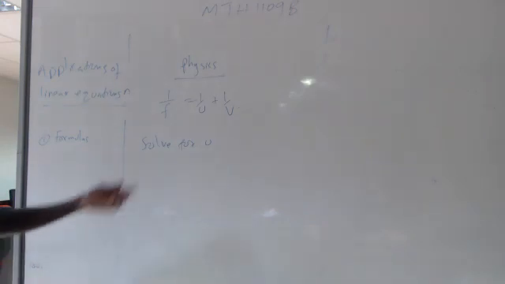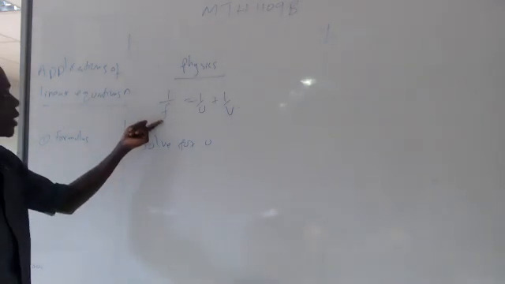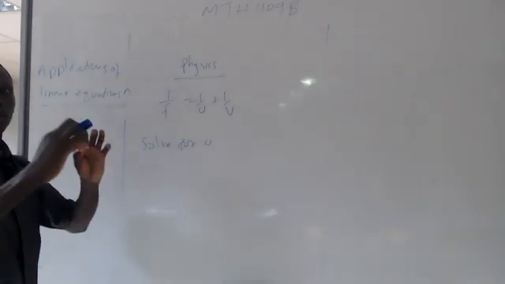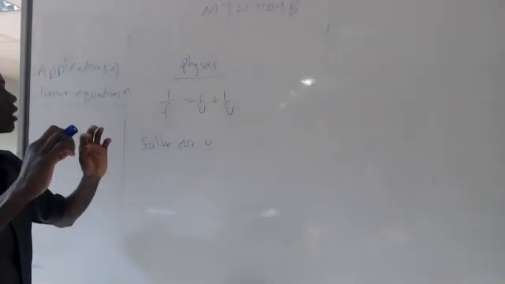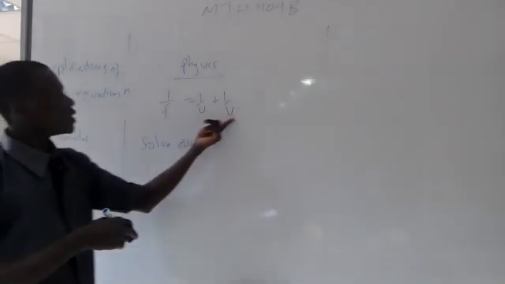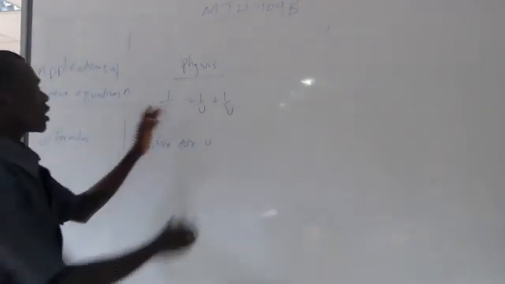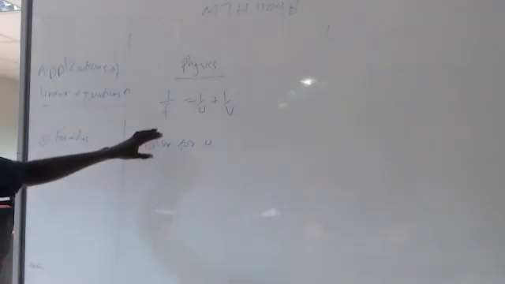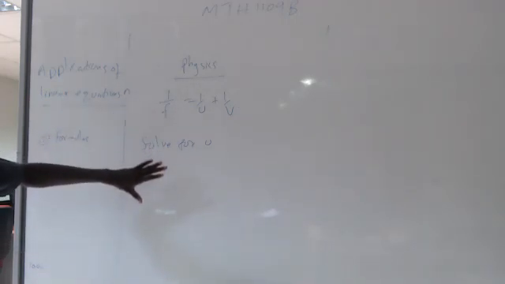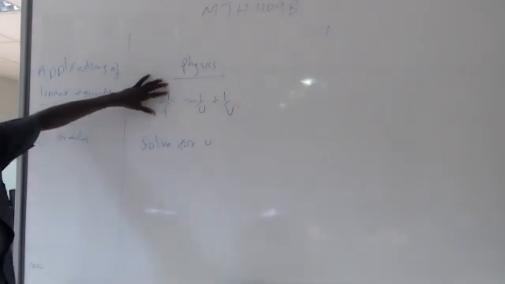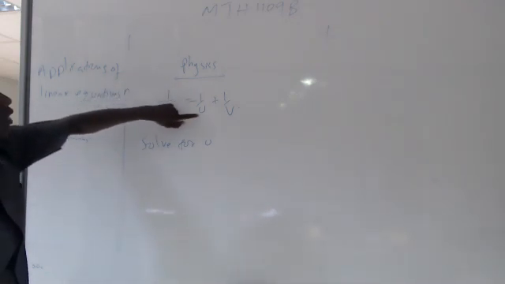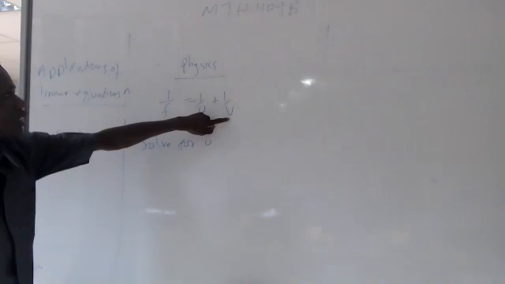In this equation, f is the focal length of a mirror, u is the distance of the object from the mirror, and v is the distance of the image on the other side of the mirror. So these are actually distances.